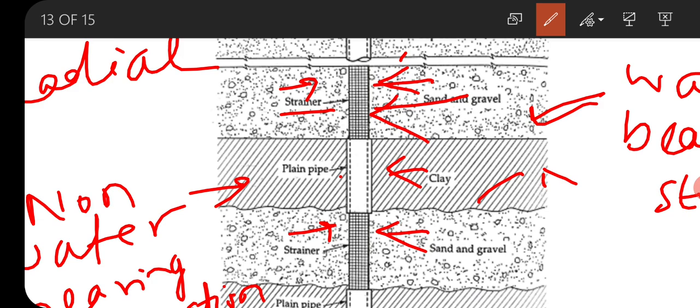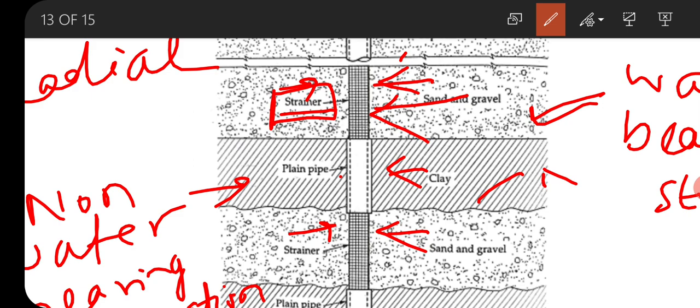This strainer type tube well is generally unsuitable for fine sandy strata, because of the size of the wire mesh opening. If we use this type of tube well in very fine sandy strata, there will be chances of sand particles entering.